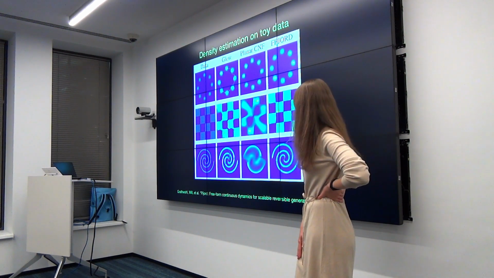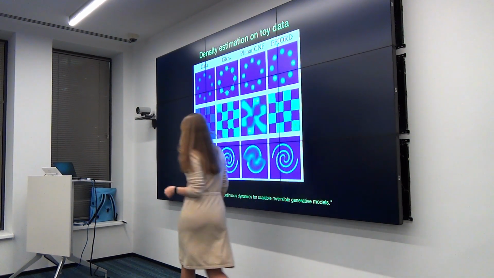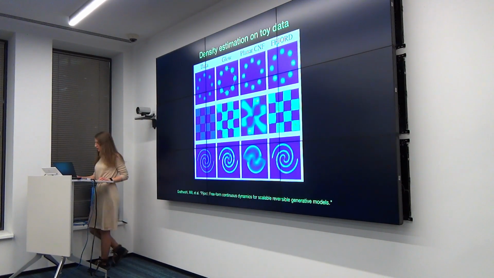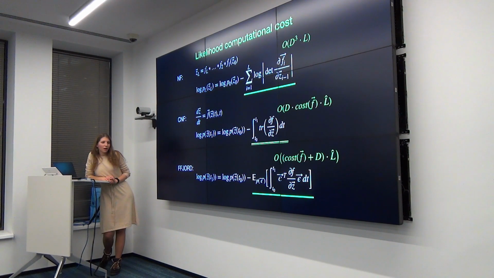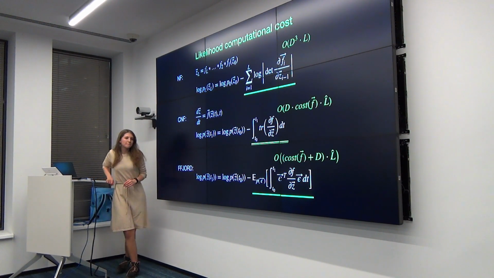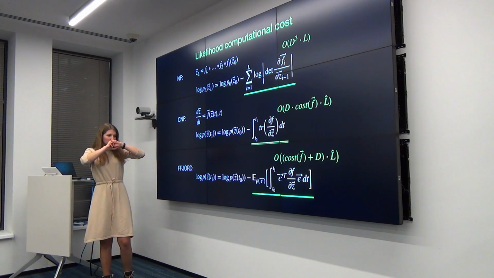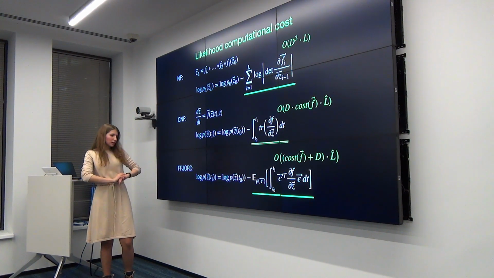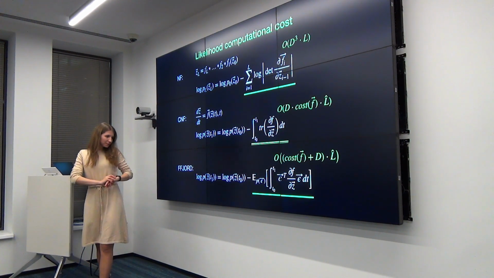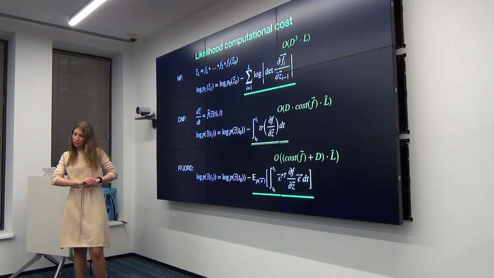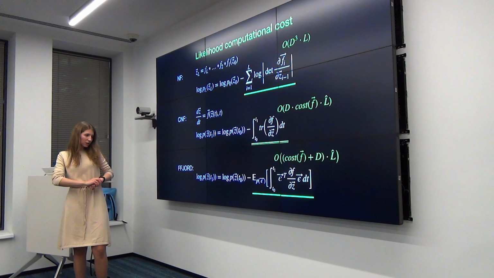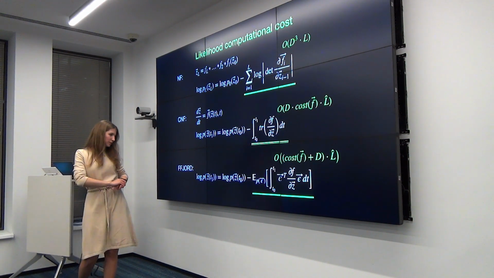Maybe we return to the formulas for the log likelihood. Okay. So we need to take a derivative of this with respect to theta. And we know the derivative of z with respect to theta. We know the derivative of what?